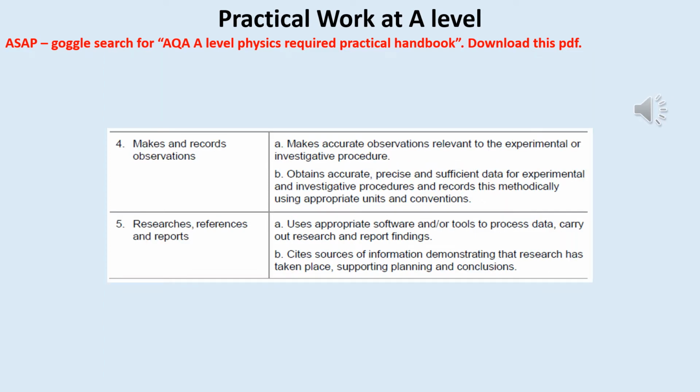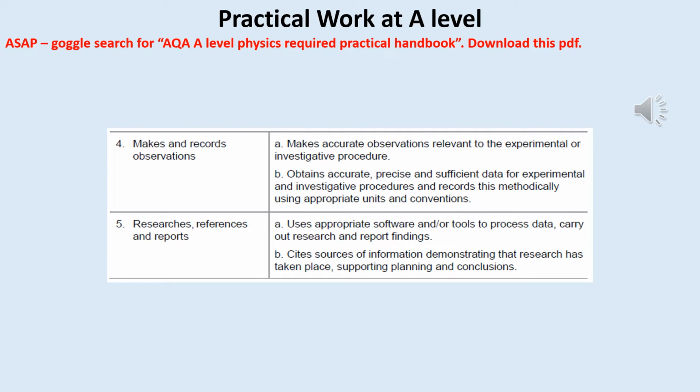Then the 4th criteria is that you're able to make and record observations correctly. And the 5th one is where you're able to analyze the data properly, perhaps using software like Excel to carry out the analysis.